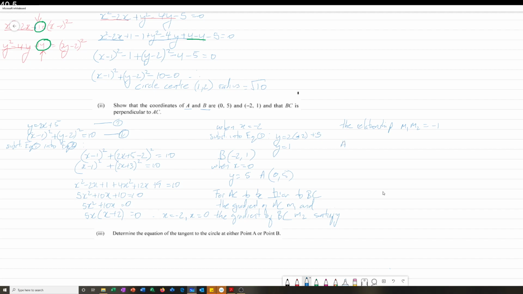So A is the point (0, 5). C is the point (1, 2). And B is the point (-2, 1).